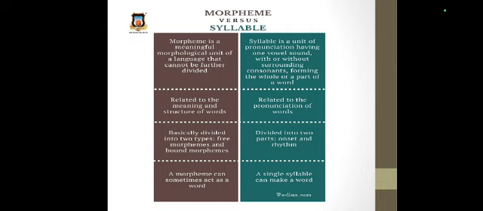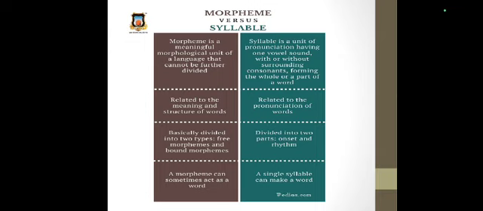So it means that it is the smallest unit of language, and syllable is a unit of pronunciation having one vowel sound with or without surrounding consonants forming the whole or a part of a word. In morpheme, it is related to the meaning and structure of a word, whereas a syllable is related to the pronunciation of a word.